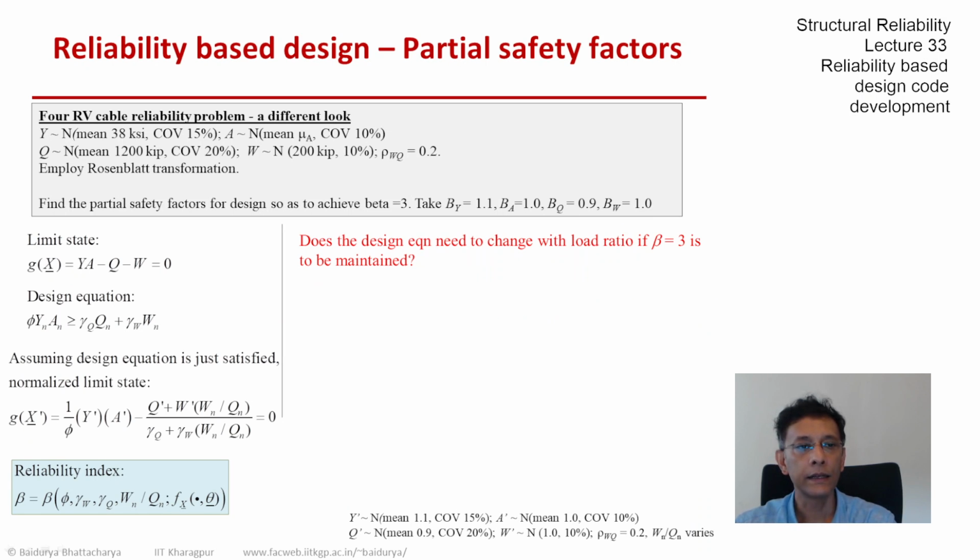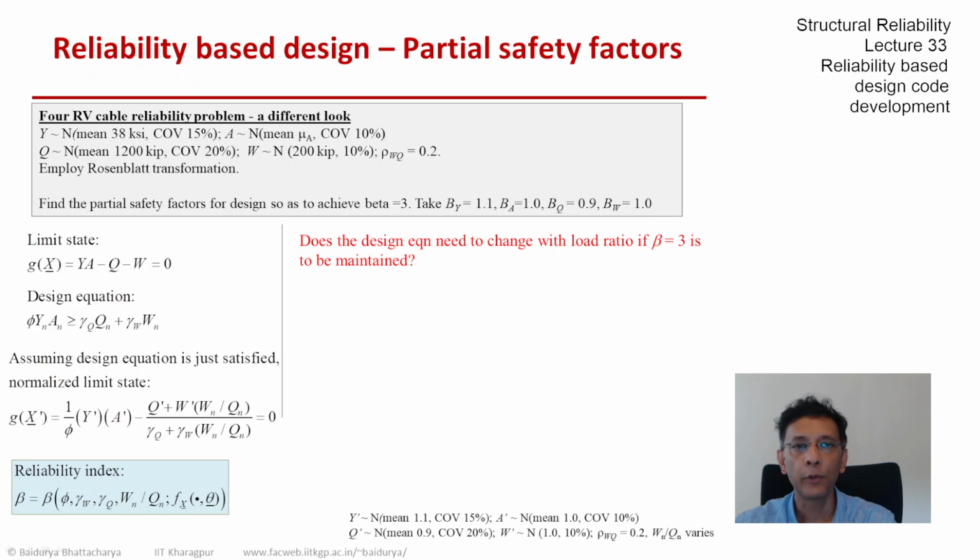And let us now make Wn over Qn vary. And then does the design equation need to change in order to keep the beta value unchanged at 3? The answer is yes, but there is also a very important point to note here.